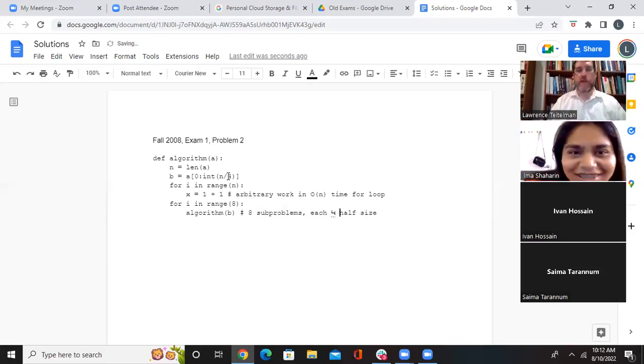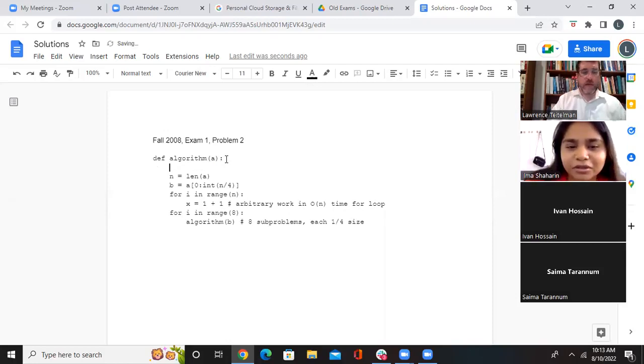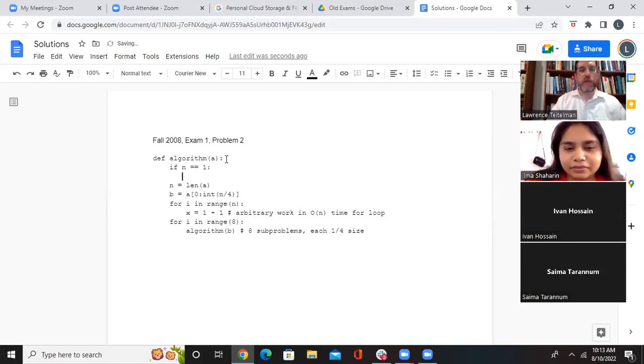Professor, where do we put the base case? Okay, you want to have a base case. That's not a bad idea. What did it say in the base case? It's T of 1 equals 1. If n equals 1, we want one operation.